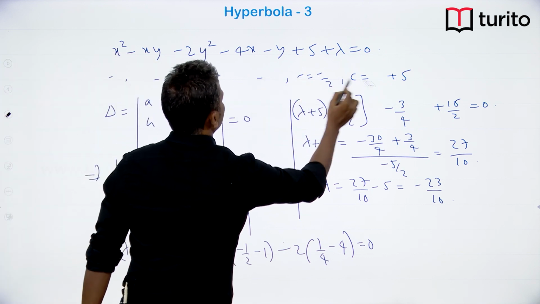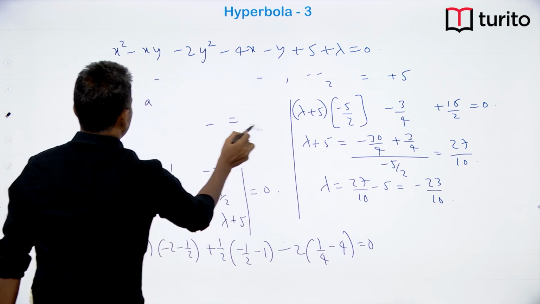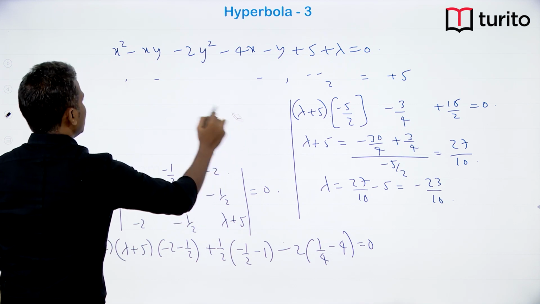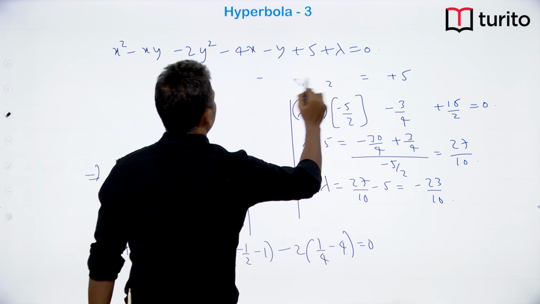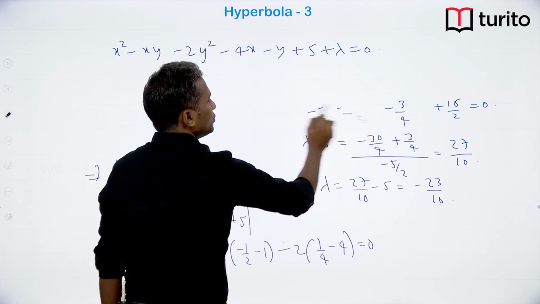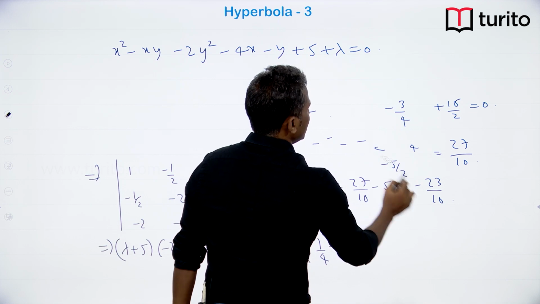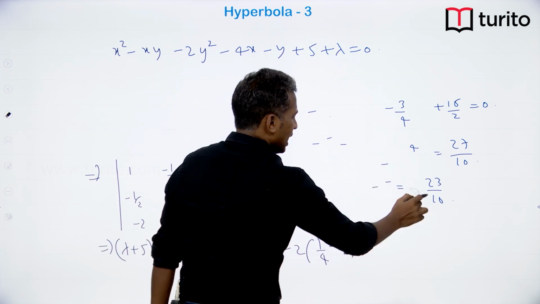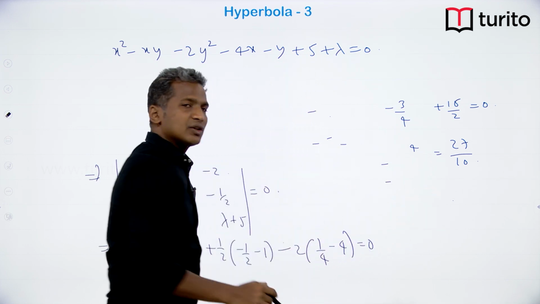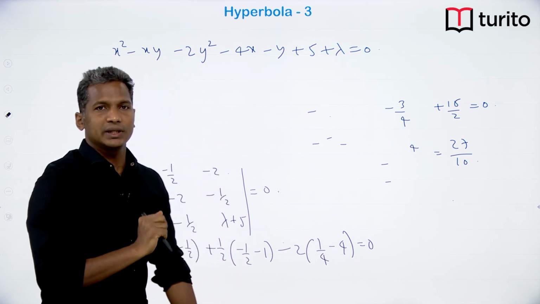Suppose here, instead of finding this delta, we can also apply another method. What is the other method? We can try to factorize this given equation into two straight lines. It's always easy. Why is it easy? Because in a hyperbola, the equation always comes as a product of two lines plus some constant.